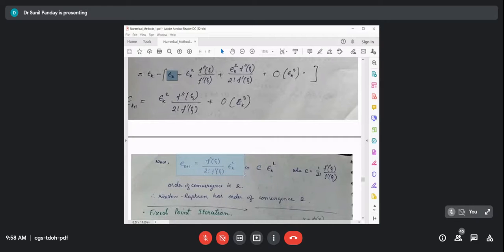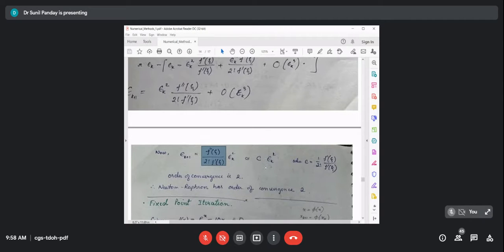We are easily coming in the form of the error equation, because here on the left we have epsilon k plus 1, and on the right we have some constant. You can say this is C, and I'm assuming f double dash xi upon 2 factorial f dash xi as some constant capital C, and then epsilon k raised to power 2.